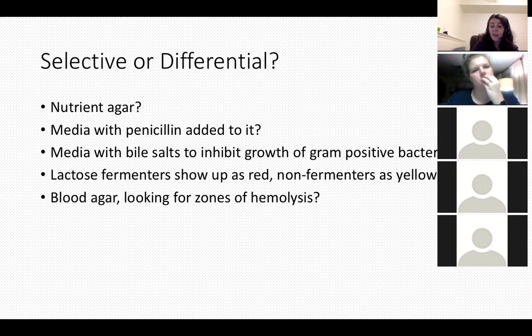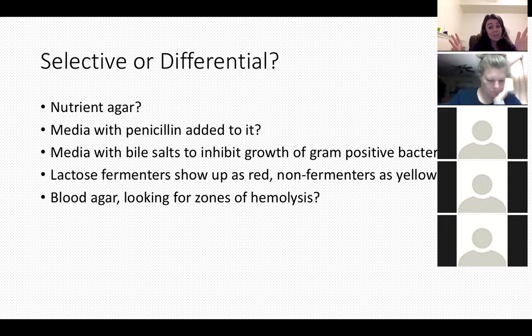Sometimes we use blood agar and we're not really trying to use it as a differential test. We're just trying to grow microbes on it. But when we're specifically looking at the hemolysis activity of the bacteria, then it's acting as a differential media because bacteria that can lyse open the red blood cells will look different than those that cannot.